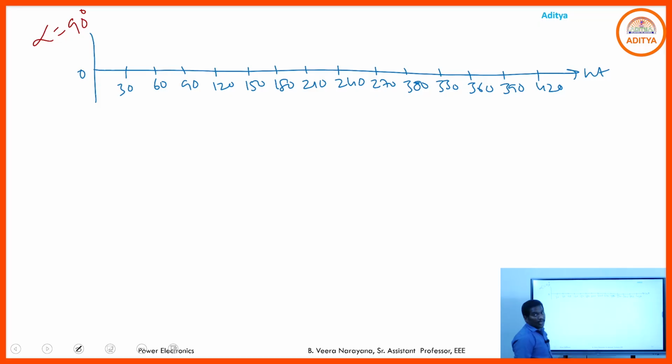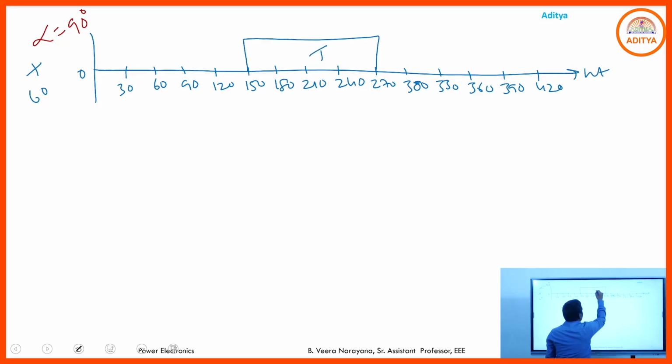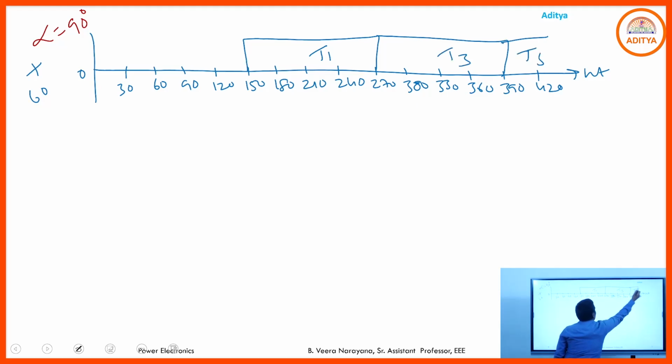So if you take alpha equal to 90, where does T1 come to the on state? 150 degrees, just add plus 60. So T1 comes to the on state at 150. Each SCR conducts for 120. So 150 to 270 T1, 270 to 390 T3, next T5. Before this, T1, T5.